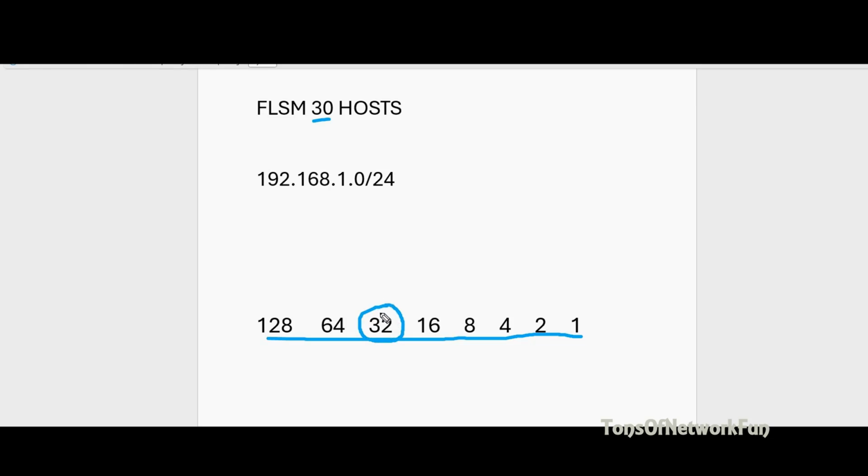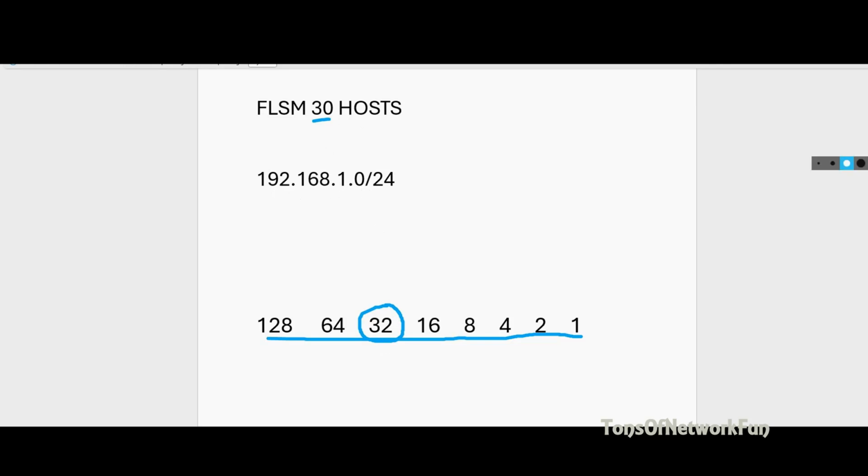Our requirement is 30 hosts. 32, even with minus 2, gives us 30, so our block size is straight away 32. Block size just means the number of IP addresses we can give on each subnet. Our first subnet will start at 192.168.1.0.